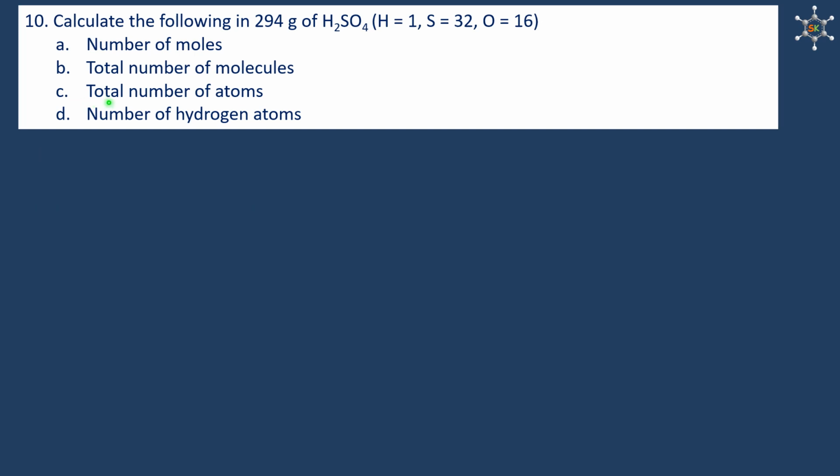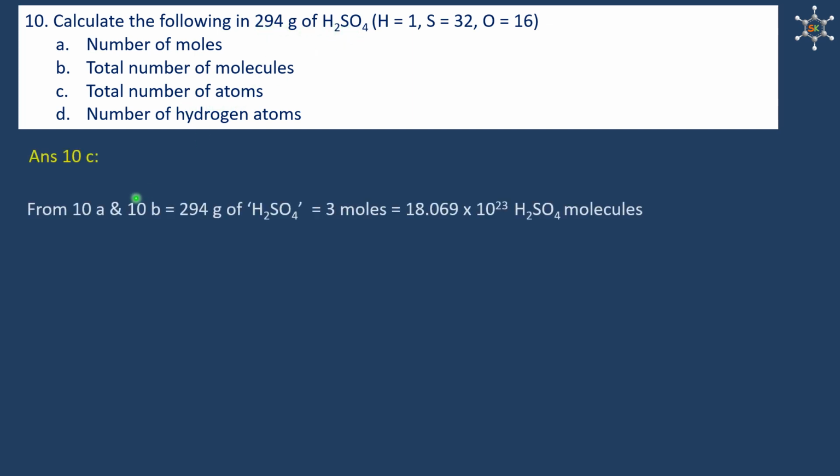Problem C. Calculate the total number of atoms in 294 grams of sulfuric acid. From problem A and B, we understood that 294 gram of sulfuric acid means 3 moles of sulfuric acid, that is equal to 18.069 into 10 to the power of 23 sulfuric acid molecules. We can observe that in one sulfuric acid molecule there are 7 atoms: 2 hydrogen, 1 sulfur and 4 oxygen.